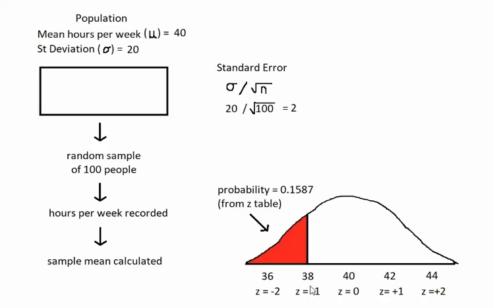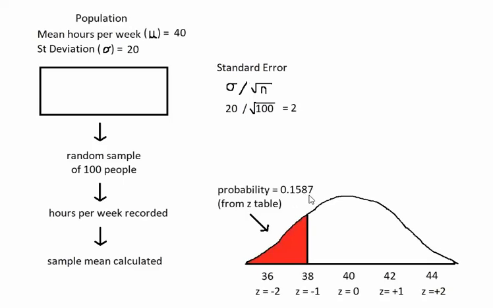So if we want the probability of the sample mean coming out to 38 or less in this red area, we need to look up its z-score of -1 right here. So if we go to the z-table and we look up -1, we get 0.1587.